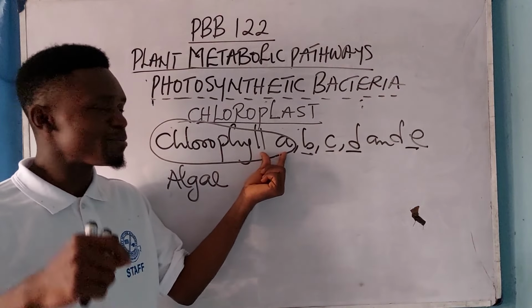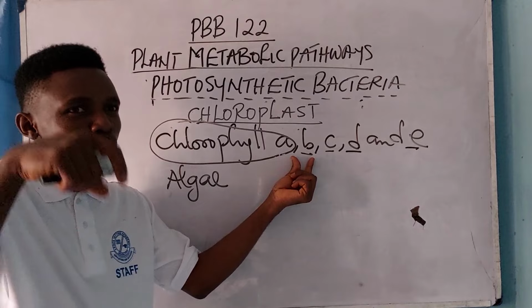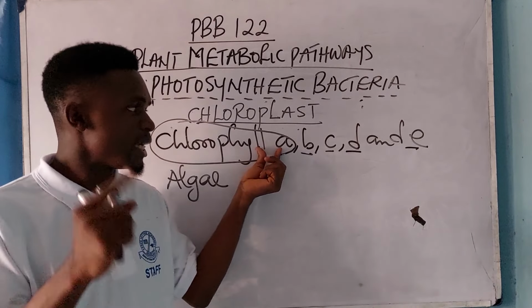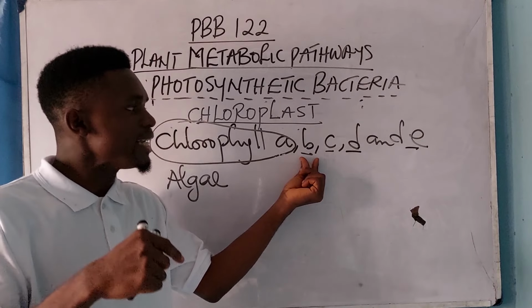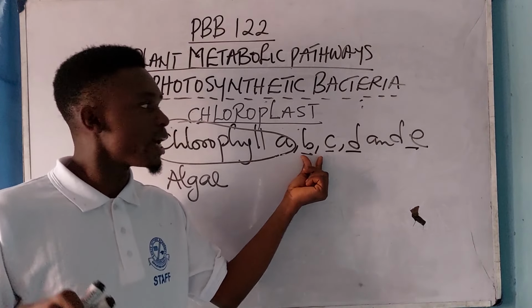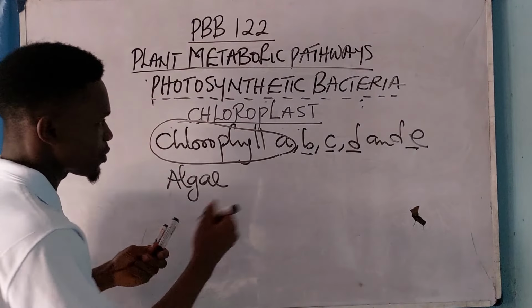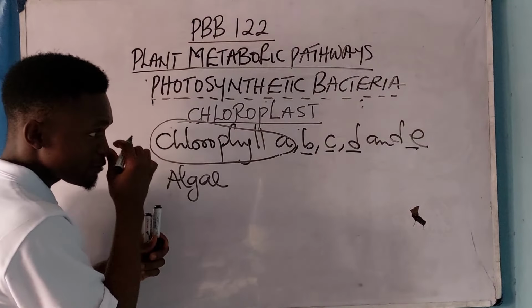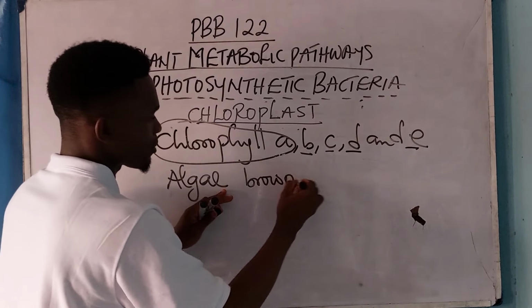Chlorophyll A is the most important type of chlorophyll. Of course, B is also important, but the most crucial one is chlorophyll A. Chlorophyll B is not found in cyanobacteria, brown and red algae.